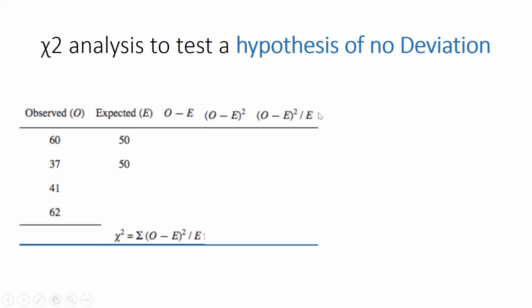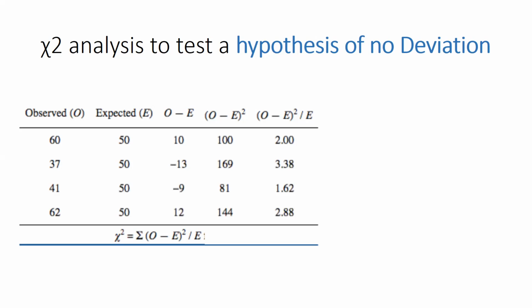Take them step by step because you don't want to mess up the calculation itself. So these are values that you would get with these guys. The chi-square value here would be 9.88, right?